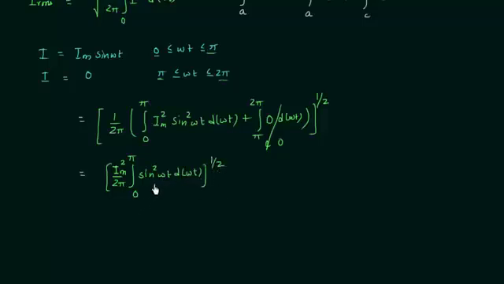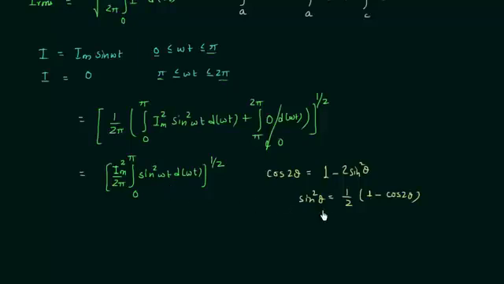Sine square omega t, we cannot integrate it directly, so I will use the formula of cos 2 theta. It is equal to 1 minus 2 sine square theta. So sine square theta is equal to 1 by 2 times 1 minus cos 2 theta. I will use this to perform the integration.